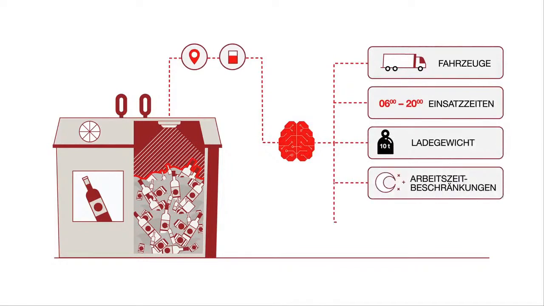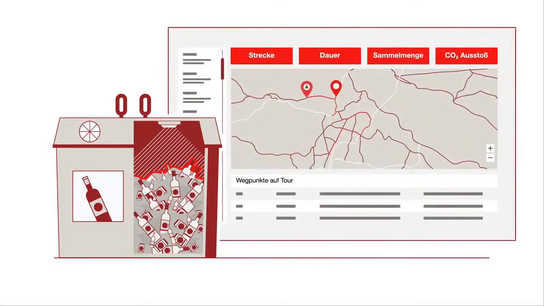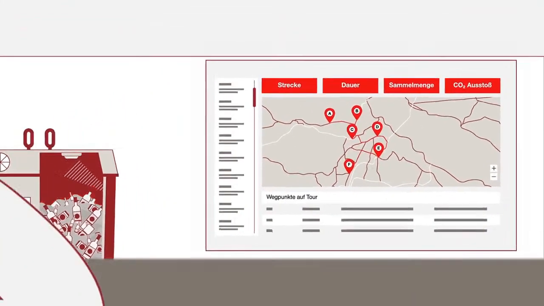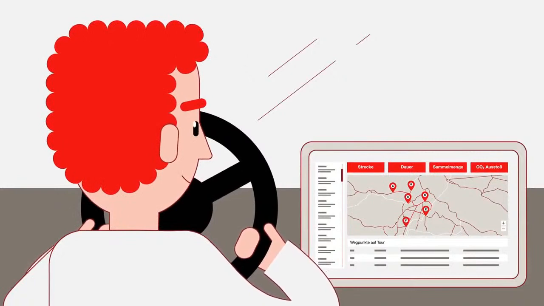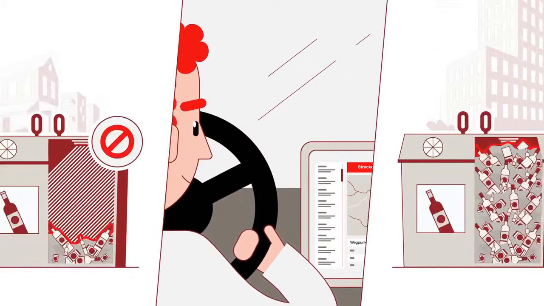So what we do then, we provide this sensor data to artificial intelligence, to an algorithm, which tries to solve this complicated traveling salesman problem. And for those of you who work with algorithms, the traveling salesman problem is NP-complex.